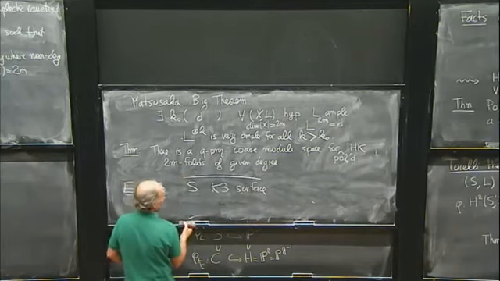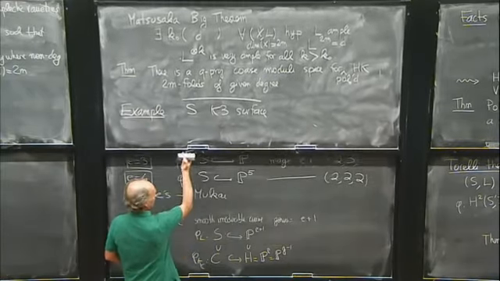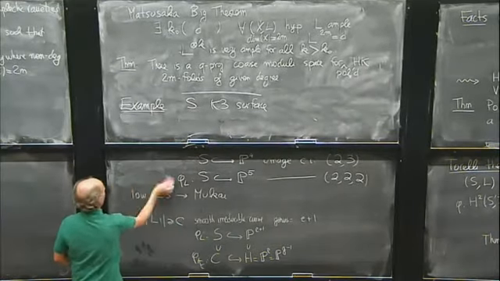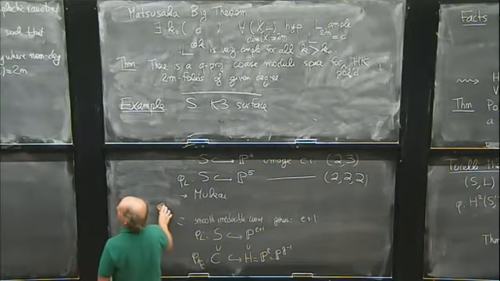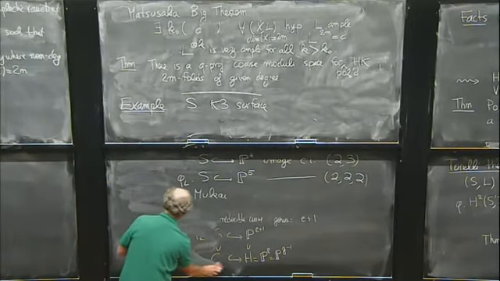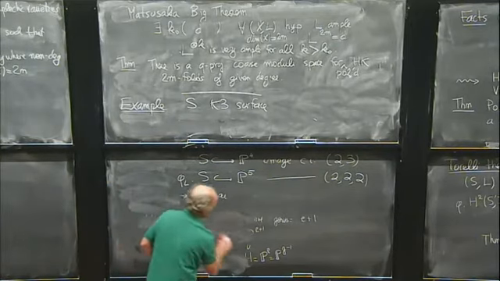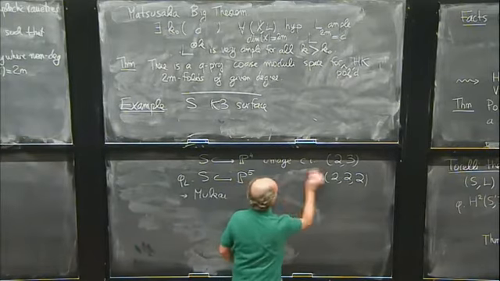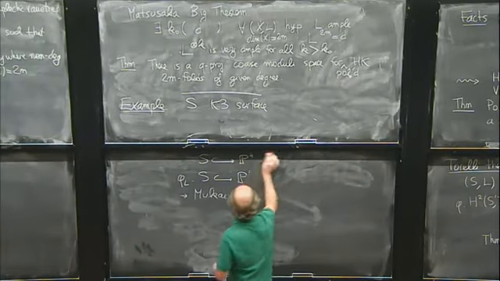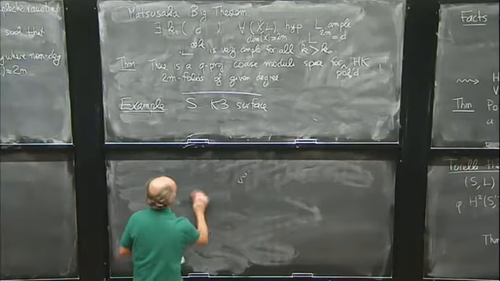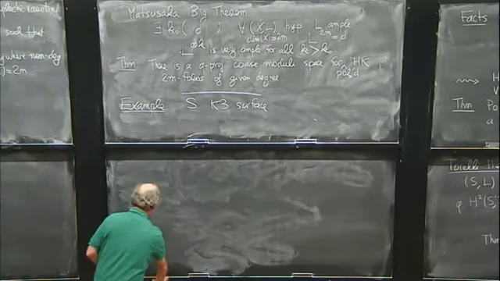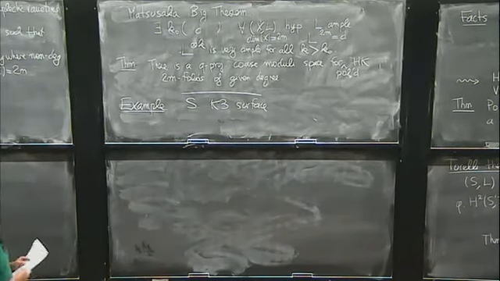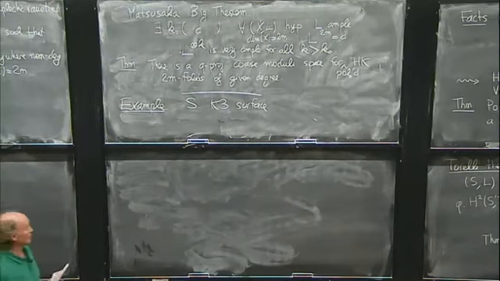And so we look at what people call the Hilbert scheme of subschemes of S of length 2.